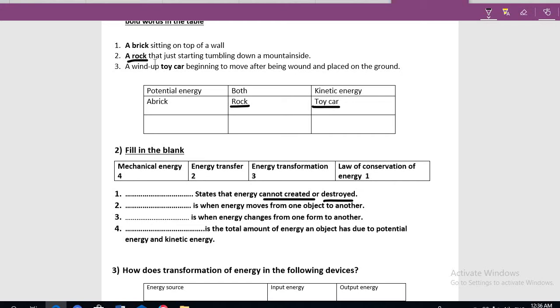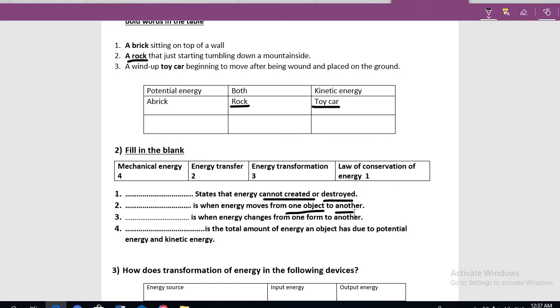After tumbling down, the potential energy changes into kinetic energy. So potential energy is not destroyed but is present in another form, kinetic energy.